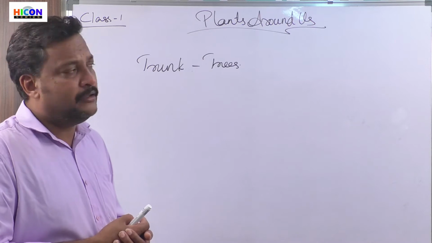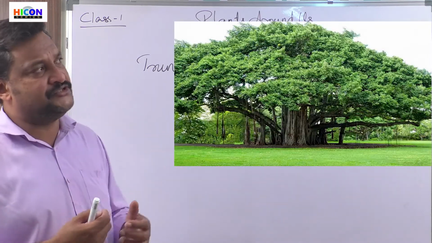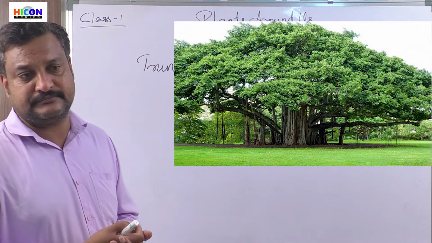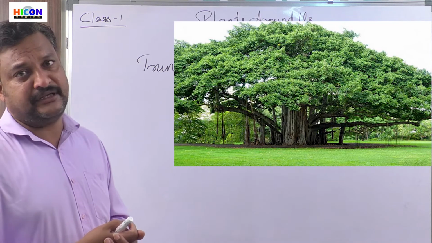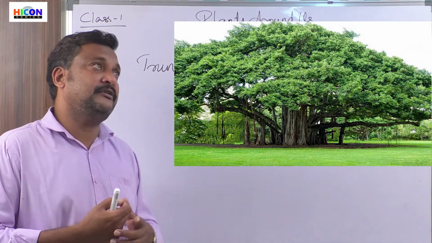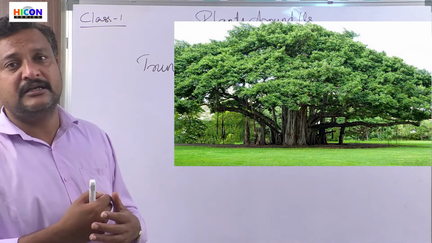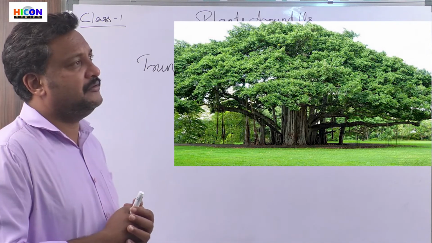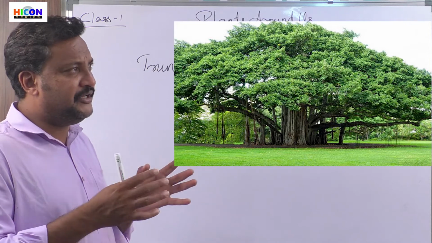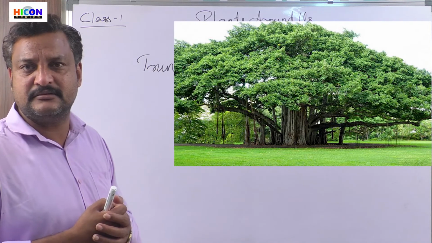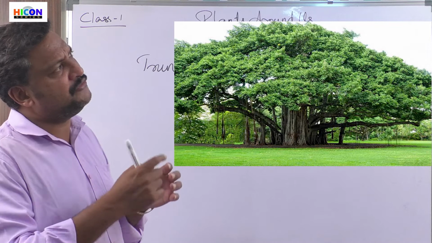We can have a look at another tree. See, this is a banyan tree. At first we have seen a coconut tree, and now this is a banyan tree. See, it has a very huge trunk, isn't it? And there are a lot of branches also.